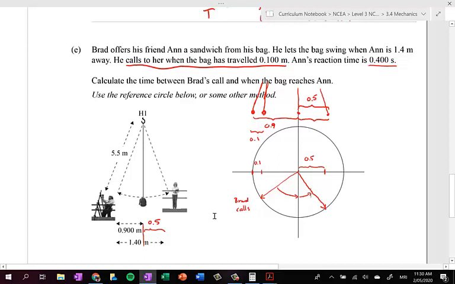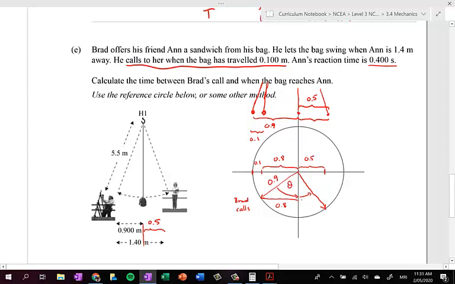Alright, so let's do that. This is very definitely an excellence question. So we know that this distance here is 0.8 meters. So that's 0.8. And this length of the phasor is 0.9. And so we can figure out what that angle is.